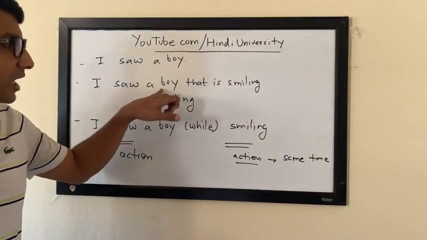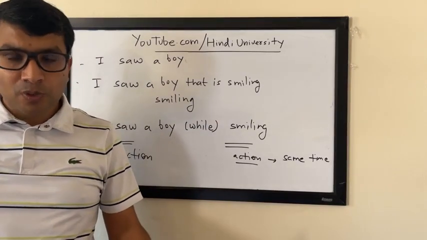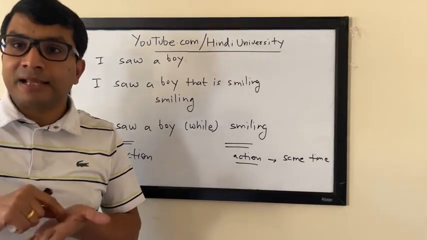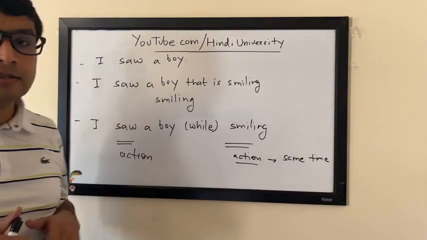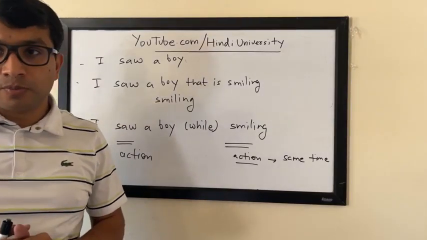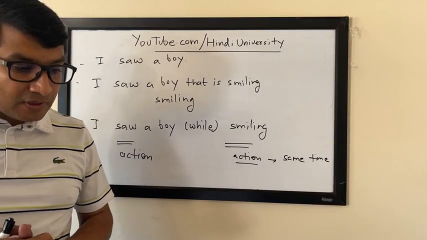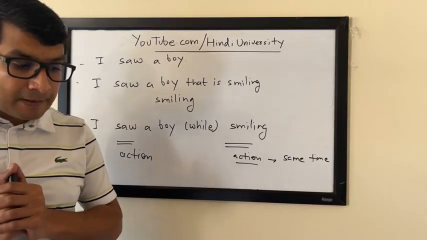Here, really, you're describing the boy. Like, I saw a boy that is smiling. It may not be happening at the same time as the action of the main verb. But let me give you another explanation.